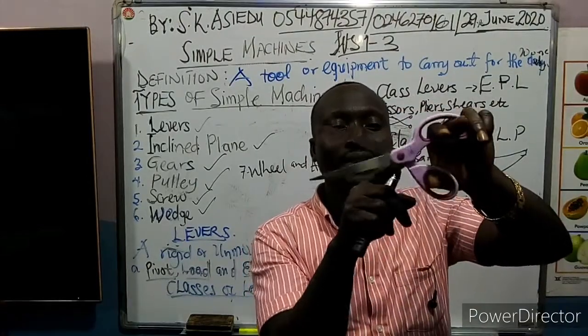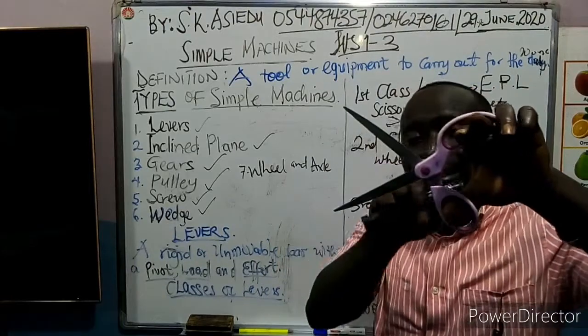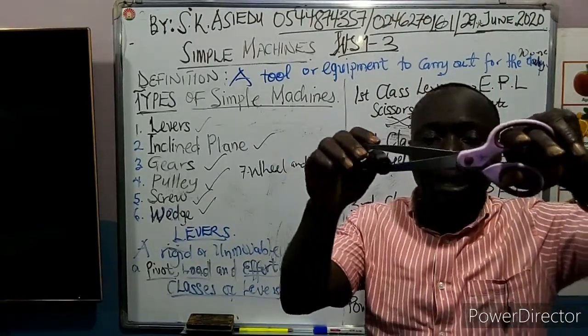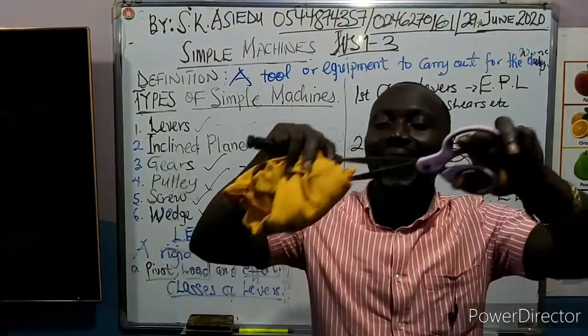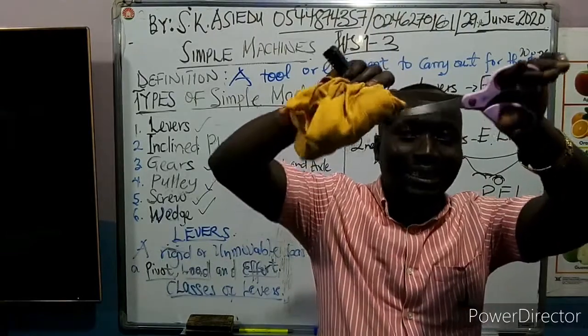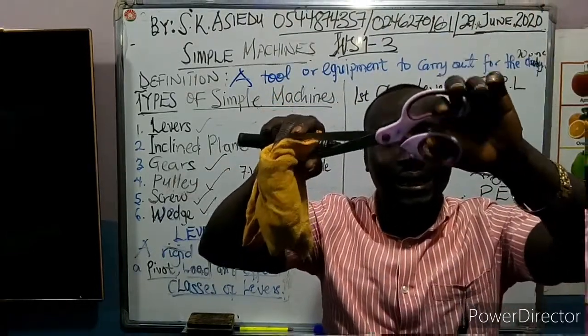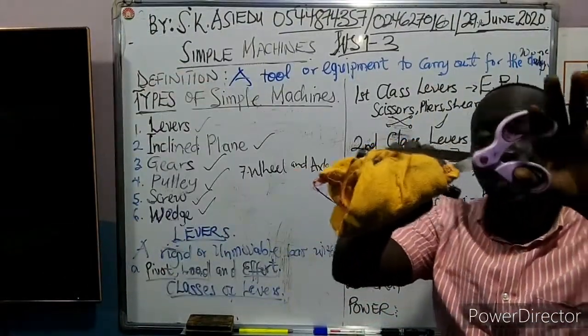Sometimes it is screwable. The scissor has a place you attach the load. You can fix any fabric here in order to cut. That is where the load is. And the place I hold, the handle, is where I apply the effort. A scissor is an example of a lever.